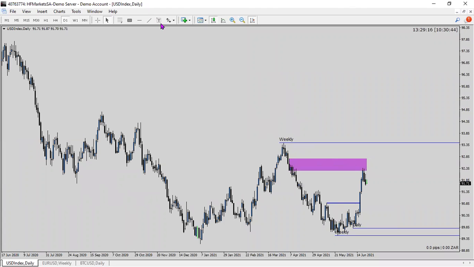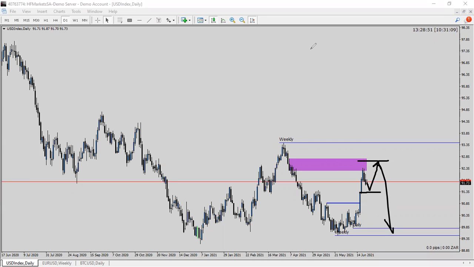Now, I did highlight the zone, and I did mention that I would expect price to react from this zone and give me some downside from there, right? I am still pretty much quite bullish here. I expect price to come back into around this area, and then I'll be looking to see price perhaps make its way back up into this level, and from there I'll also be looking for more downside.